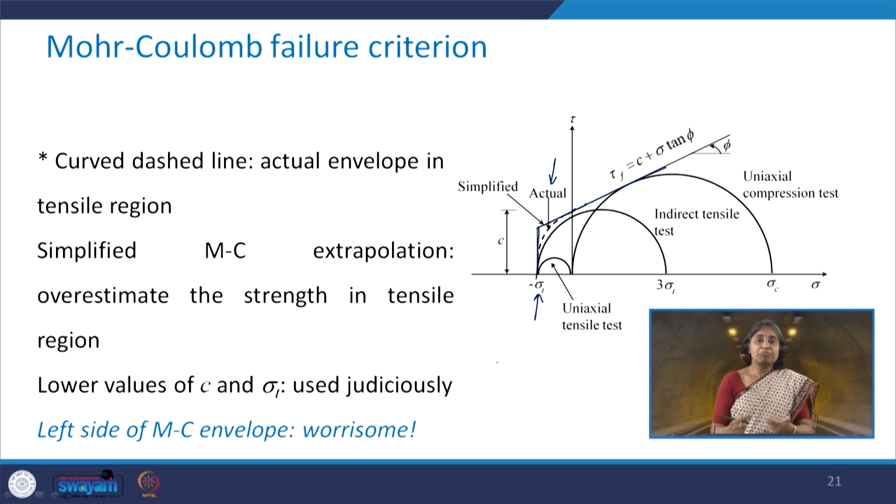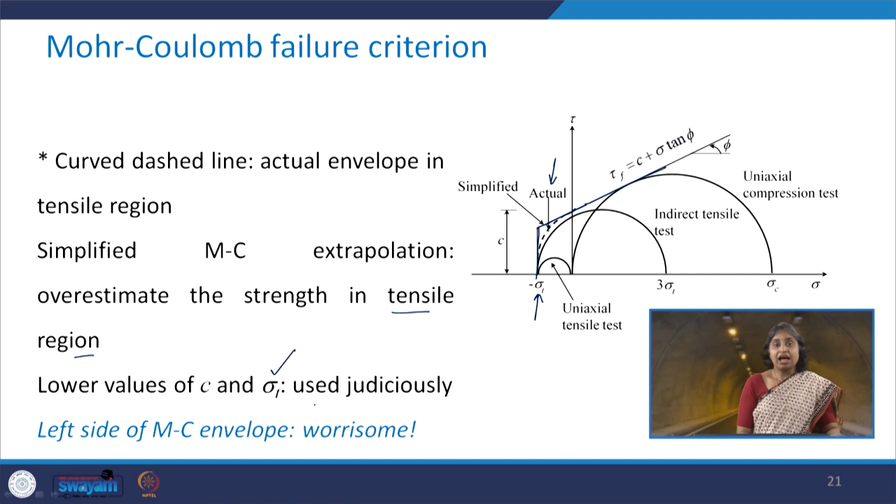When we apply this simplified Mohr-Coulomb criterion, we overestimate the strength in the tensile region. You see, at any point the actual one is lower than the simplified one. So, we need to use lower values of c and sigma t.